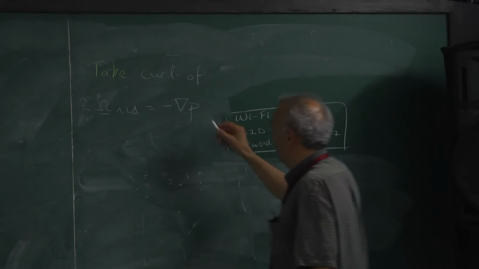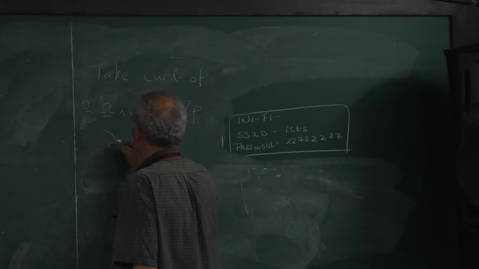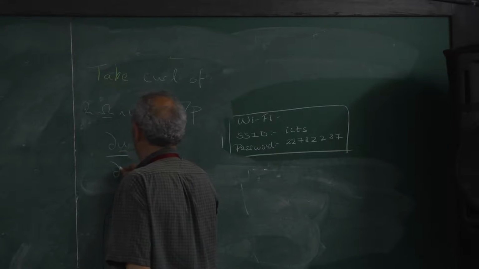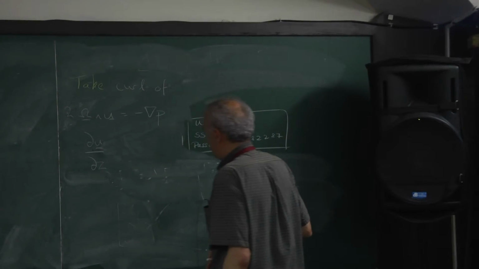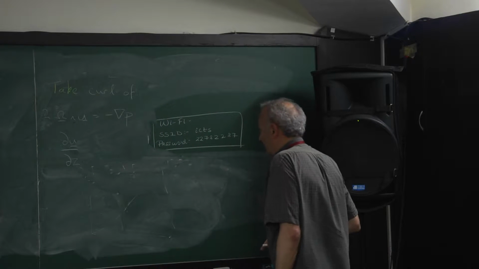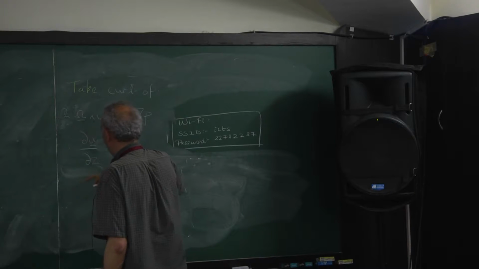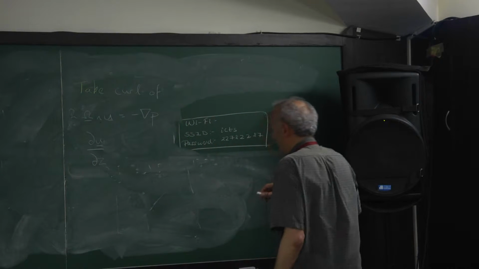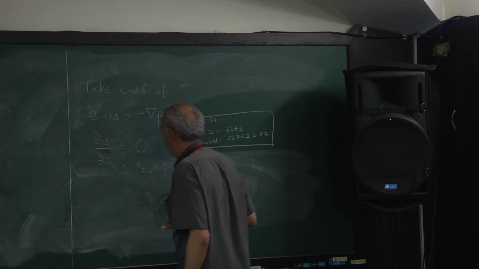If we take the curl of this, and I'll leave this as an exercise for you, you just use the vector algebra rules, curl of A cross B. You'll find that du by dz is equal to 0.